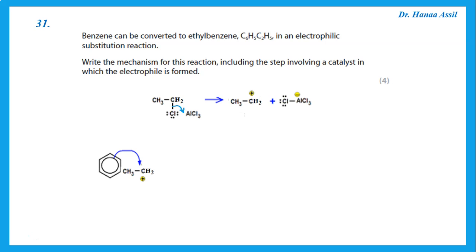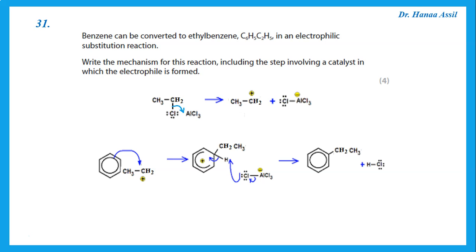So, the benzene ring now attacks the positive. Again, electrons from the benzene ring are used to make a bond to the positive electrophile. That carbon originally had a hydrogen, so we're going to remove that hydrogen and put the electrons of its bond back to the benzene to remove the positive charge in the benzene.